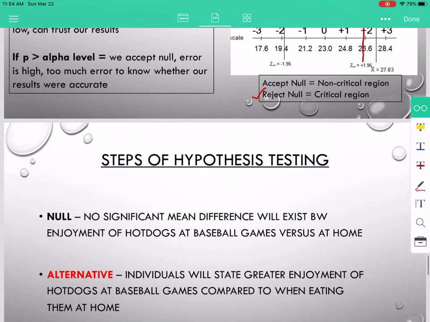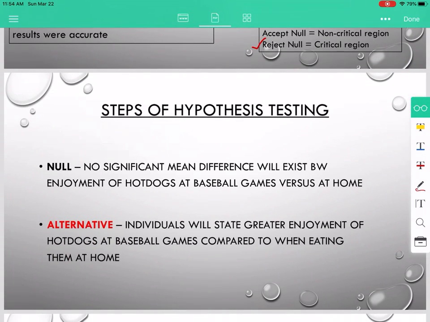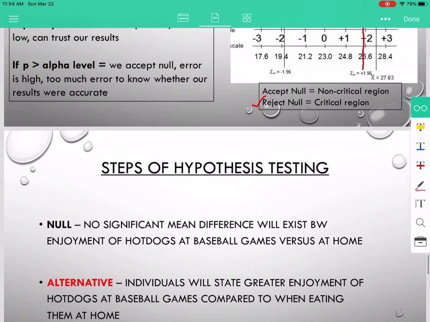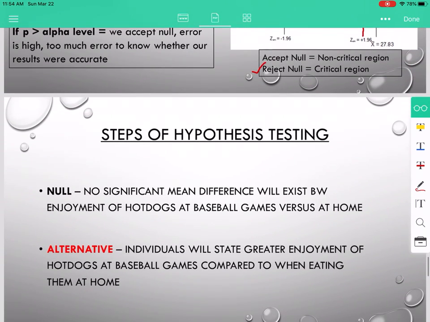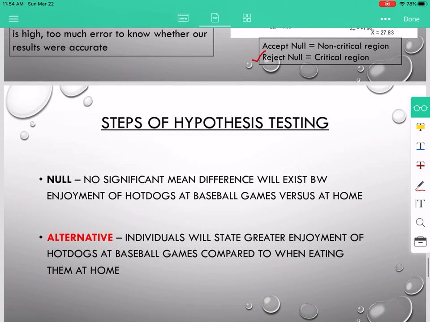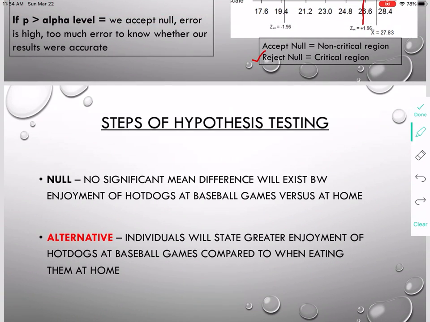And rejecting the null, because remember, what was our null? Our null was that there was no difference between enjoyment of hot dogs at a baseball game versus at home. If I reject the null, I'm saying that that's not true, and there actually was a difference. So if I reject the null, I would have to choose the alternative.